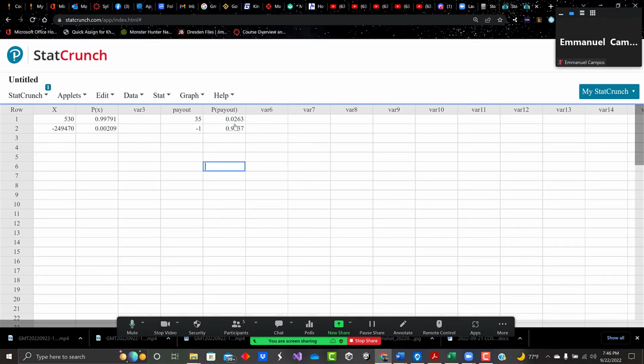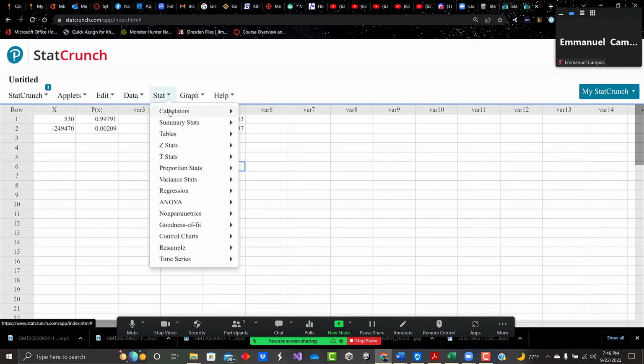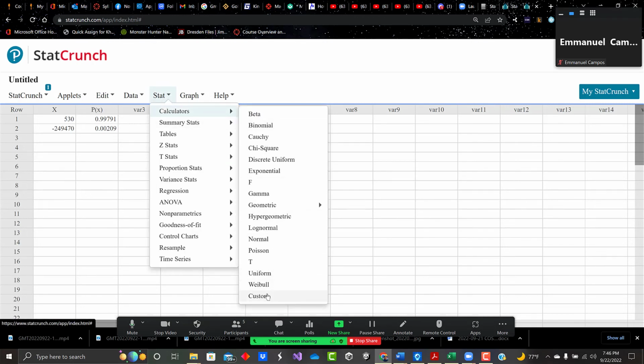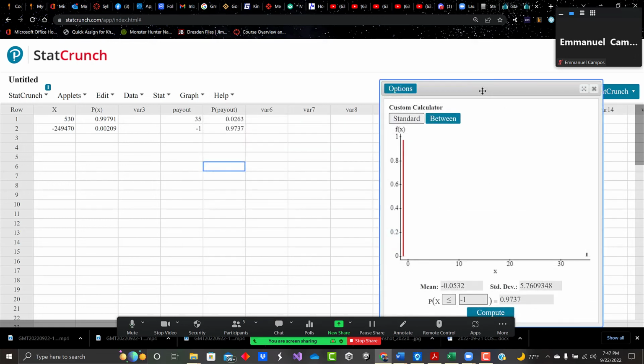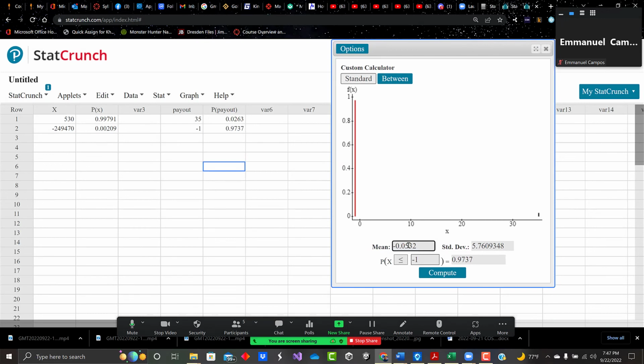When you have the values in there, stats, calculators, custom. Values are in payout, weights are in probability of payout. And we click compute, and we see negative 0.05. You lose a nickel on every dollar you play. So the custom calculator will show you a lot of it.